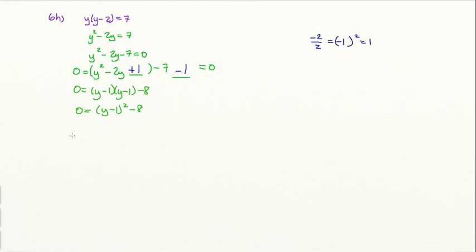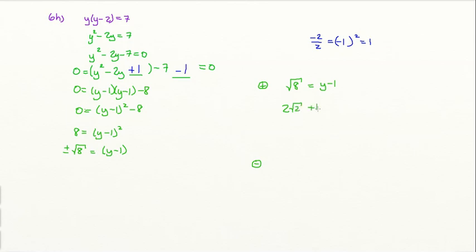And now we're going to solve for y. Take the square root of both sides. Our positive answer. We need to simplify root 8. That's going to be 2 root 2.